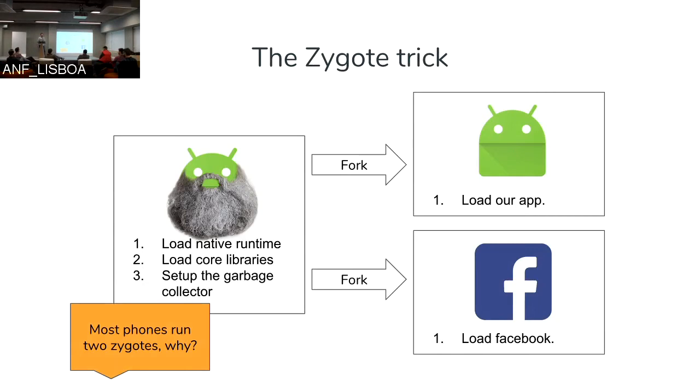No, most phones run two zygotes because there's a bunch of native code in Android. Like you have to load OpenGL libraries, you have to load a ton of stuff, and most phones have support for dual architecture, like ARM and ARM64, x86, x86-64, and you need one zygote for each one.